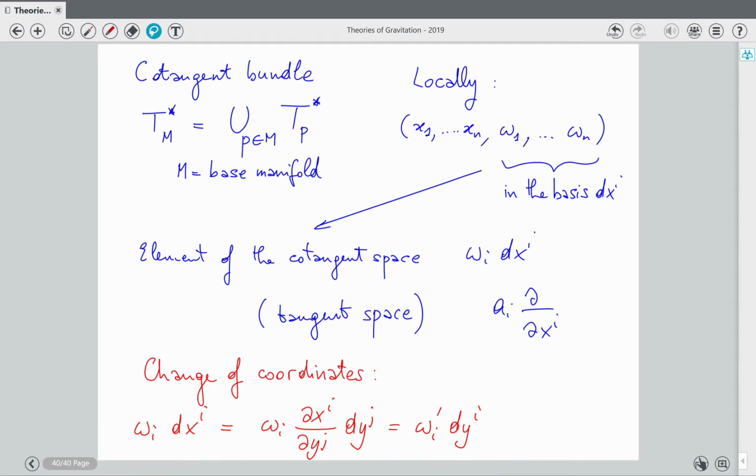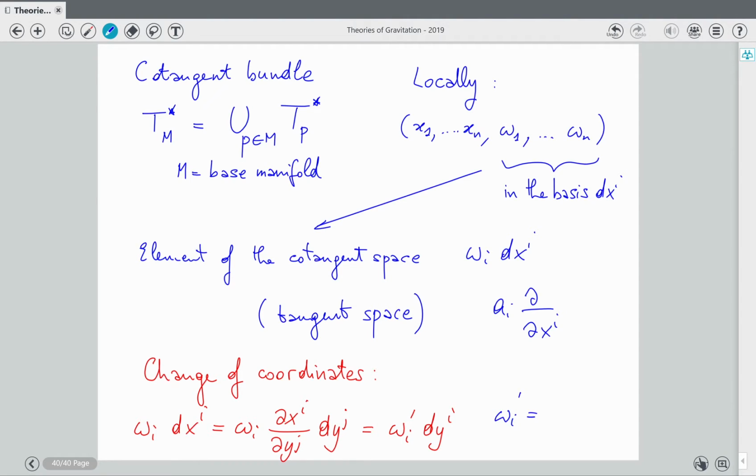This is not the differential form yet, for a reason that you might have spotted by yourselves, but now we make it explicit. So omega i prime is equal to omega j partial xj partial yi.